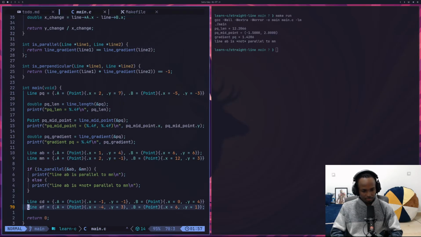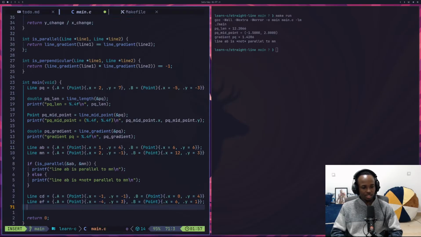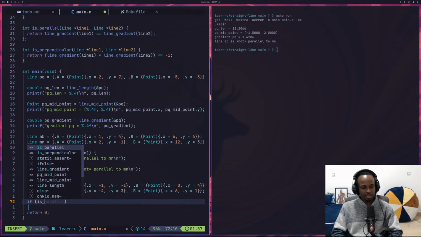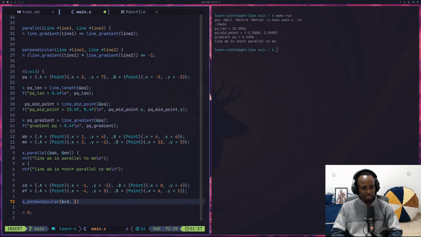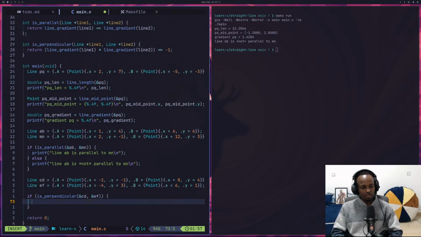Okay. Yeah, so that's it. Then let's check if the two are perpendicular. So we just say if perpendicular, then we pass their references, CD, EF. If they are perpendicular, I want you to print F line CD is perpendicular to EF, if I can spell this right.